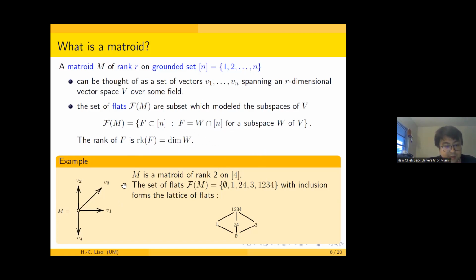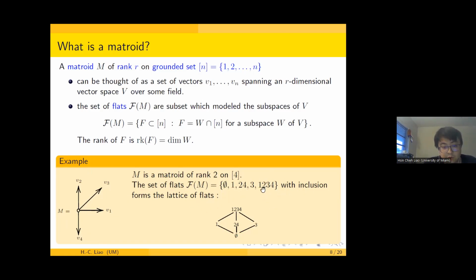So this is an example of a matroid of rank 2 on the set 1 to 4, because there are 4 vectors and these 4 vectors span R^2. So the set of flats, in this case, is just the empty set, 1, 2, 4, 3, and then 1, 2, 3, 4, which represents R^2.